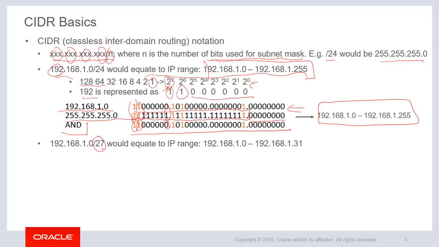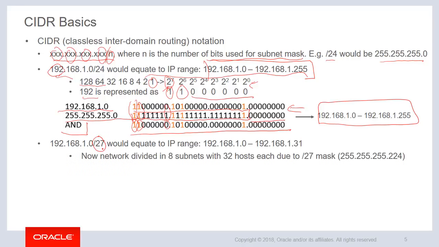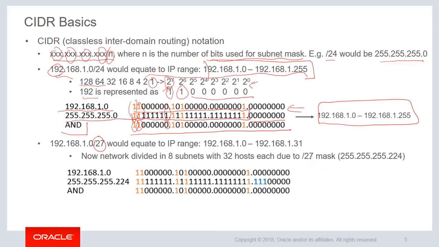So what happens in case of /27? If we go with the same logic as we had earlier, if you do /27, basically you have 3 more bits which are 1, right? Because 24 was all the way till here, and then we add 3 more bits. So 24 plus 3, and then we get 27, right? Now if we do the same logical AND as we did earlier, we get these values here.